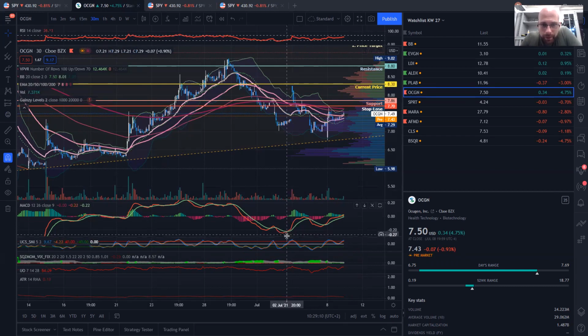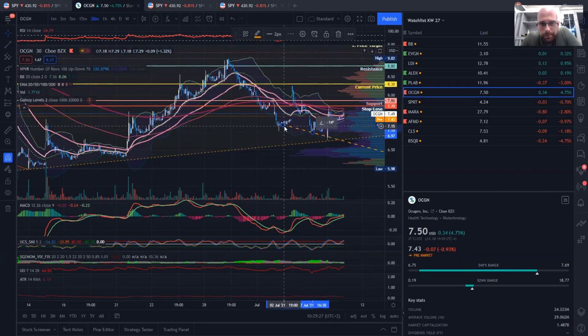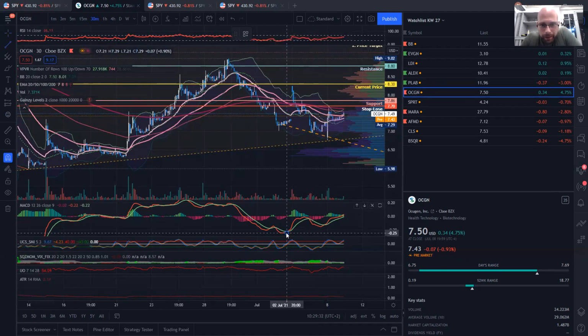Here we have minus 0.22, and here is the next low. So the price is lower, but the MACD is higher. And that would also indicate an upcoming reversal, because we have a divergence inside the MACD.